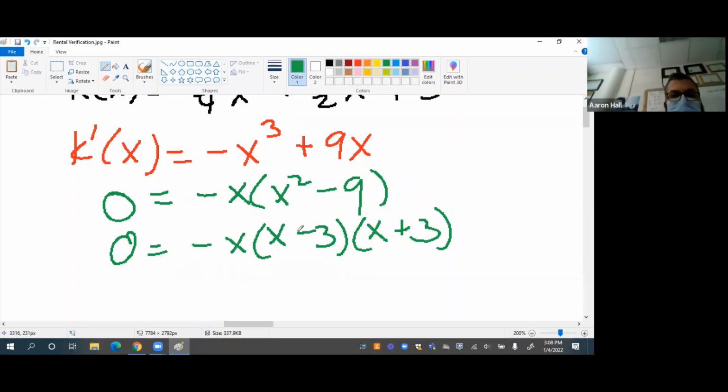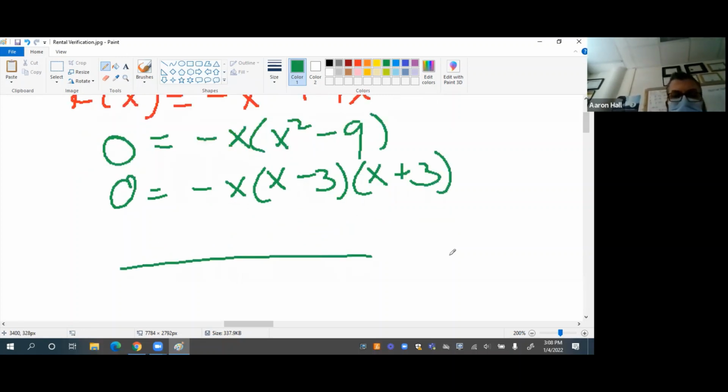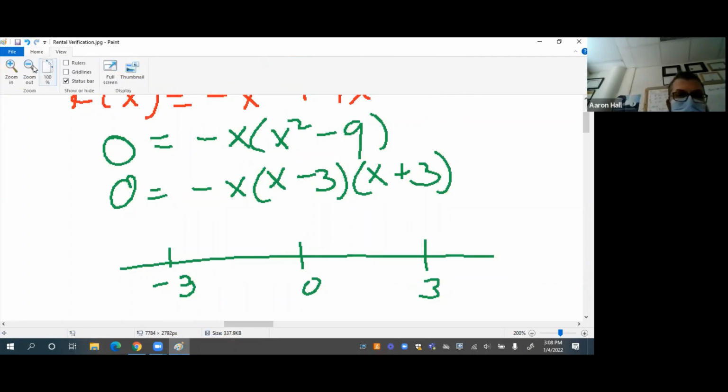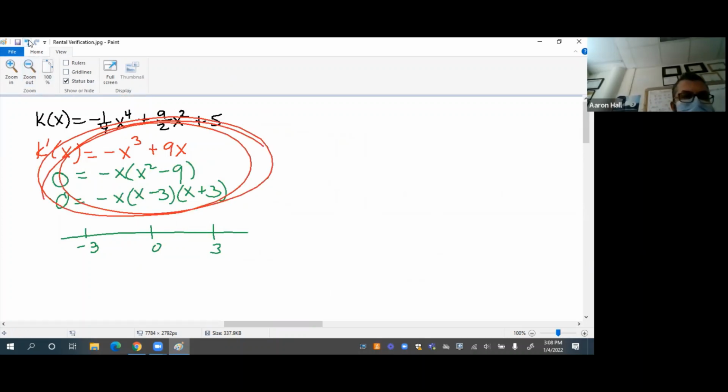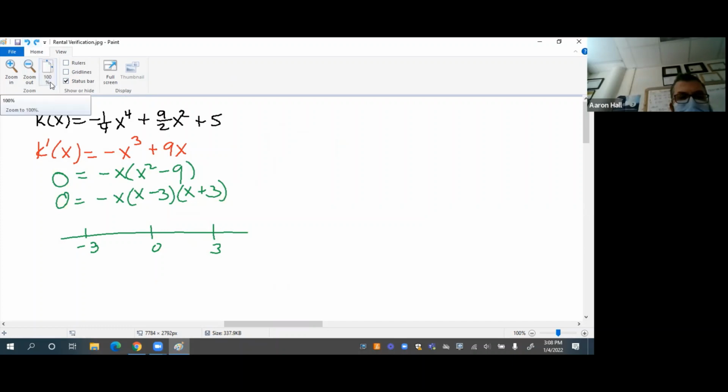So what are the critical points? Negative 3, 0, and 3. And then I plug in negative 4 to see what I have outside negative 3. Which of these equations are you using at this point? I'm using 0 equals negative x times... Yeah, let's keep it factored.